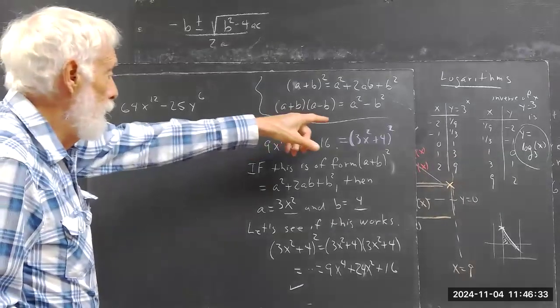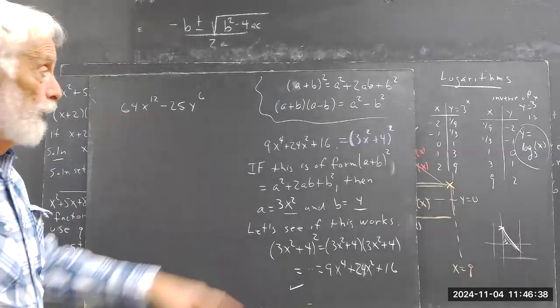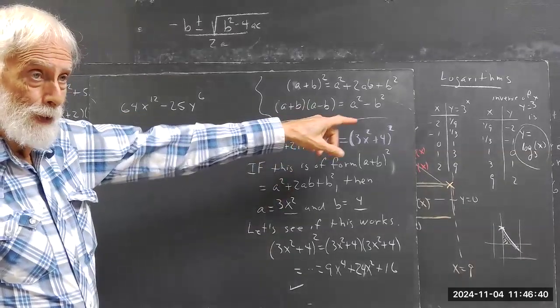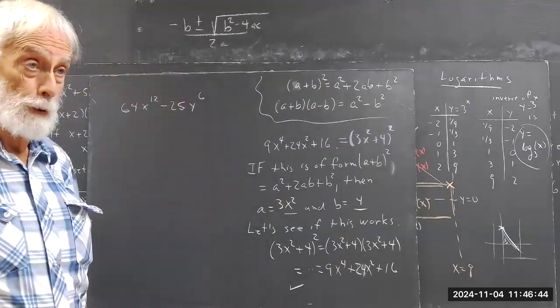Is this in the form a squared minus b squared? Well, any two terms you subtract are of that form. It's an a squared minus b squared, where a is just the square root of this, and b is just the square root of this, right?